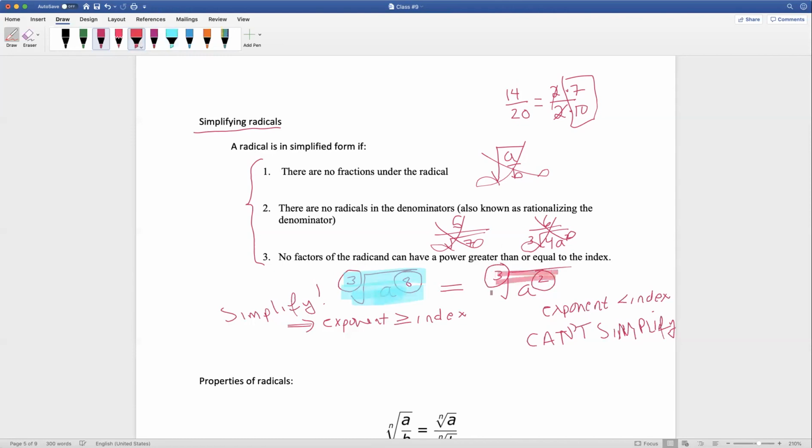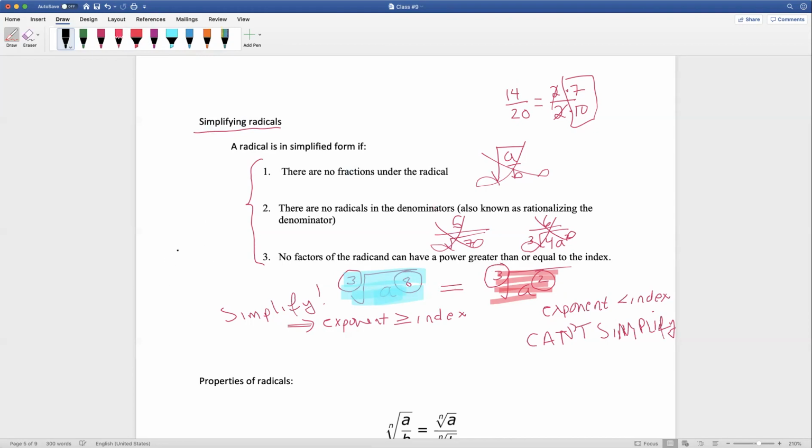This one is simplified because the exponent is smaller than the index. So the difference between the two is you compare the index and you compare the exponent. Once the exponent becomes either greater than or equal to the index, that means you can simplify it.